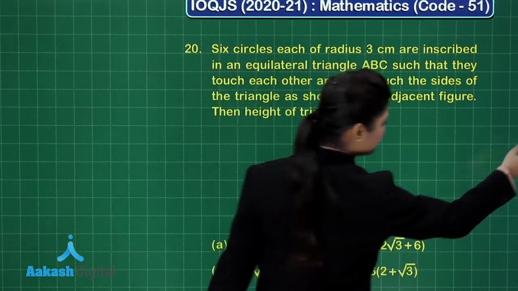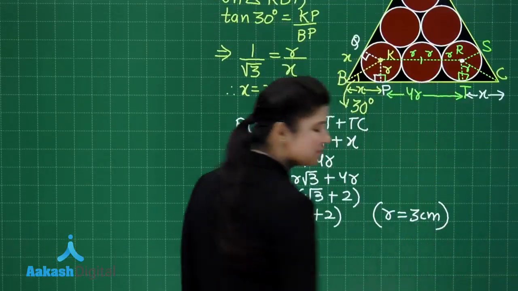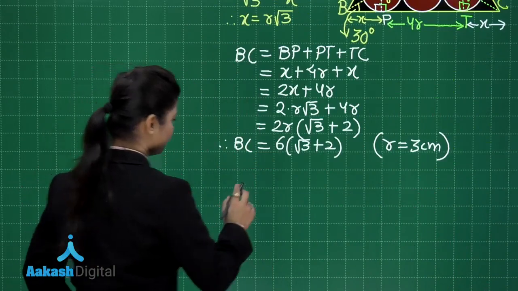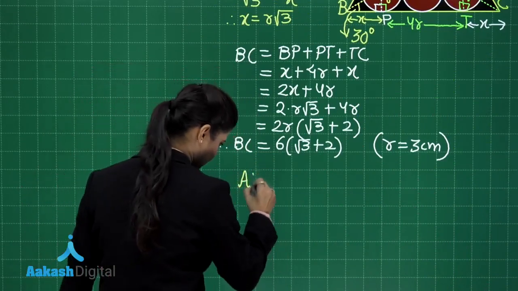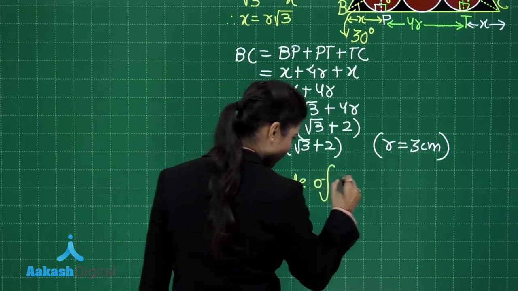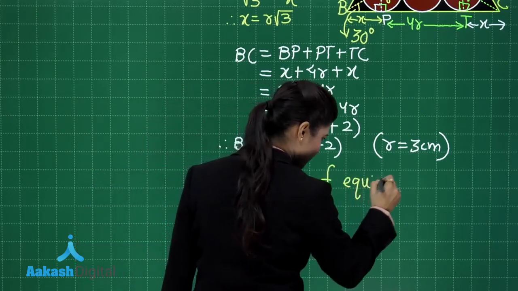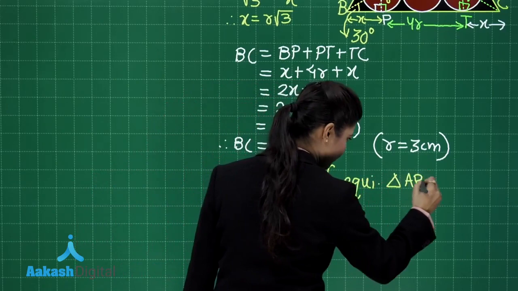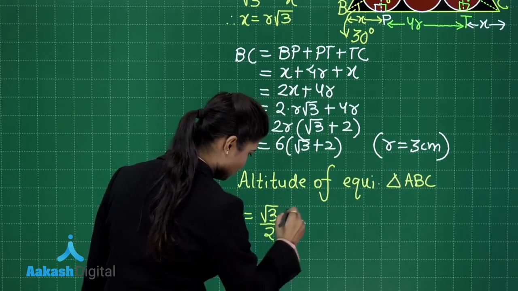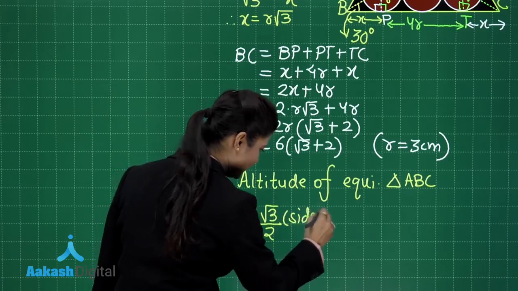We have a very well known formula to obtain altitude of an equilateral triangle, right? If you just talk about figuring out the altitude of equilateral triangle ABC will be equal to root 3 upon 2 into side. That is the length of the side.